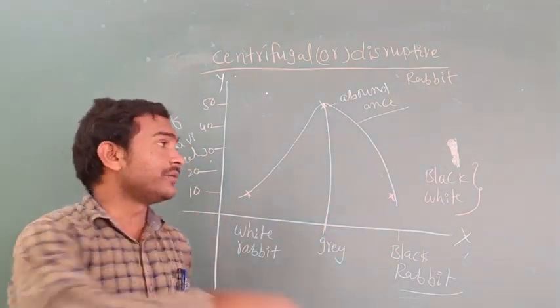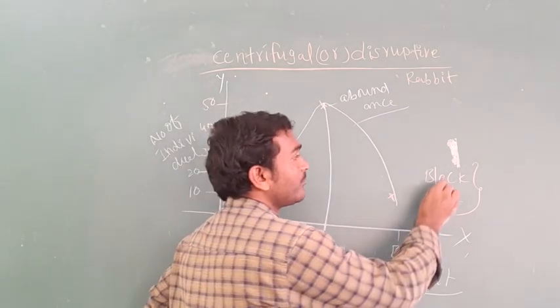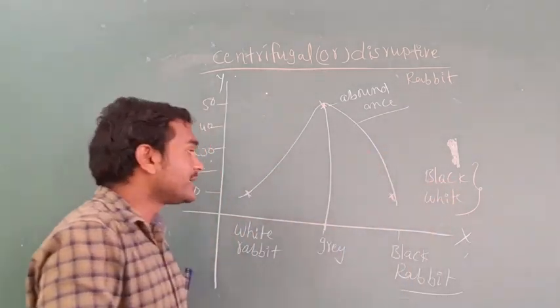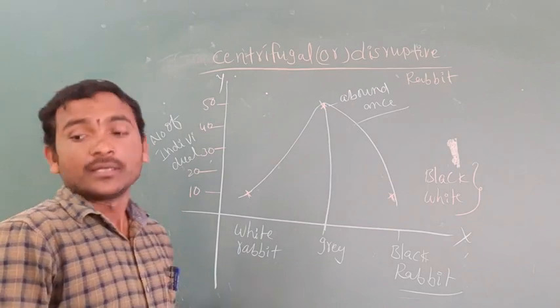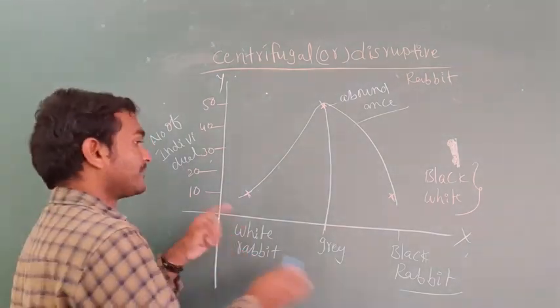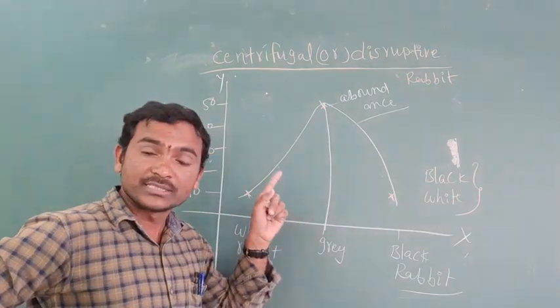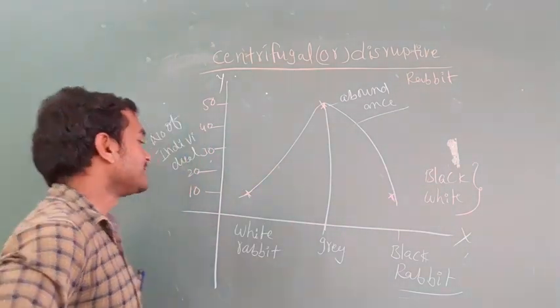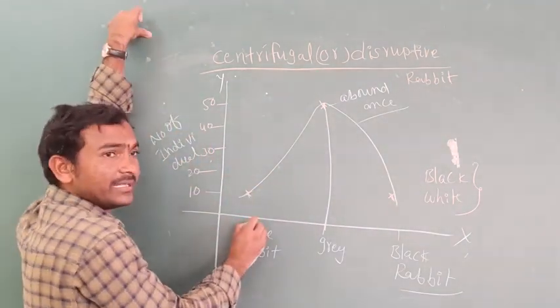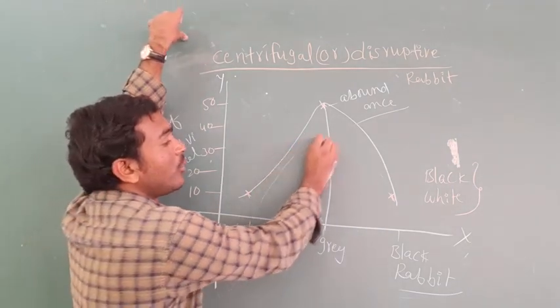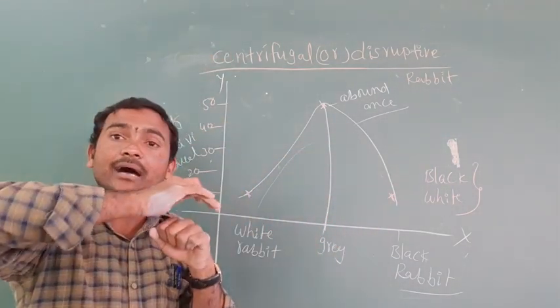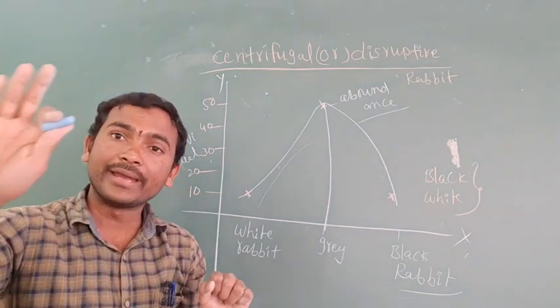But when these 3 types of rabbit live in the black and white stone region, what happens? The white rabbit is going to hide under the white stone.